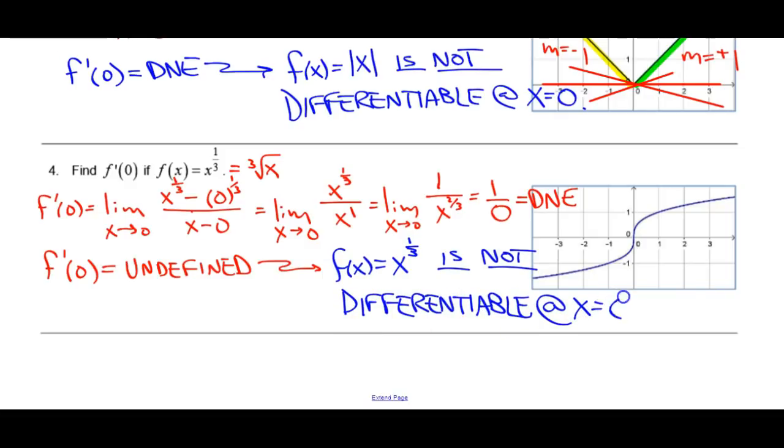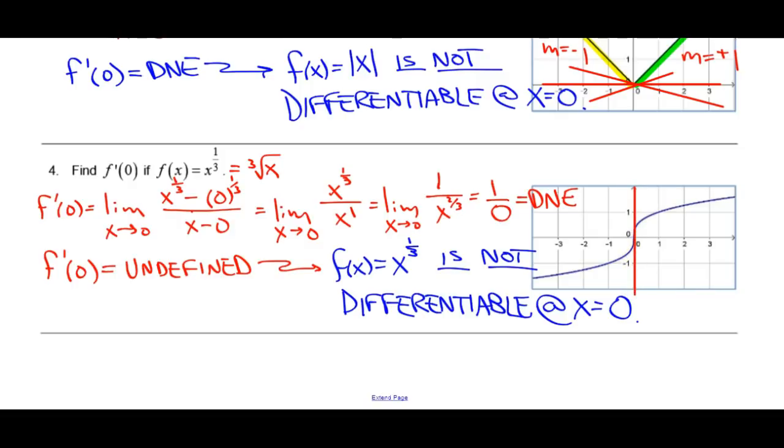I have a question for you. What's the difference between the absolute value example and this example? There's something different happening at x equals 0. What's the difference? So the unique thing about the tangent line here of the graph is it looks like that. And I know what you're thinking.